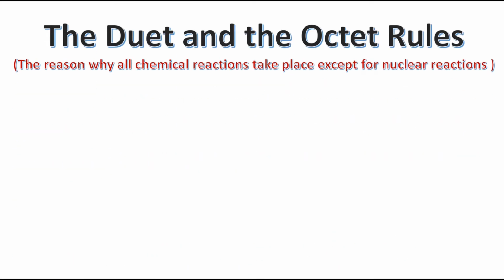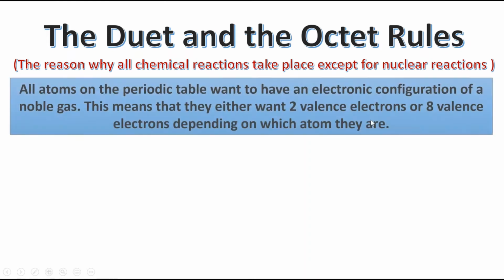Before proceeding further, we must understand the reason for the type of intramolecular forces. The rules responsible for the type of intramolecular forces are the duet rule and the octet rule. We all know that all the atoms in the periodic table want to have the electronic configuration of a noble gas. Examples of noble gases include neon, krypton, xenon.